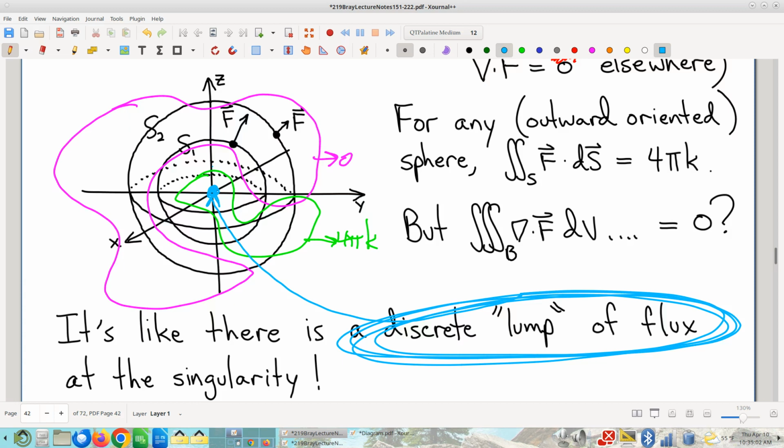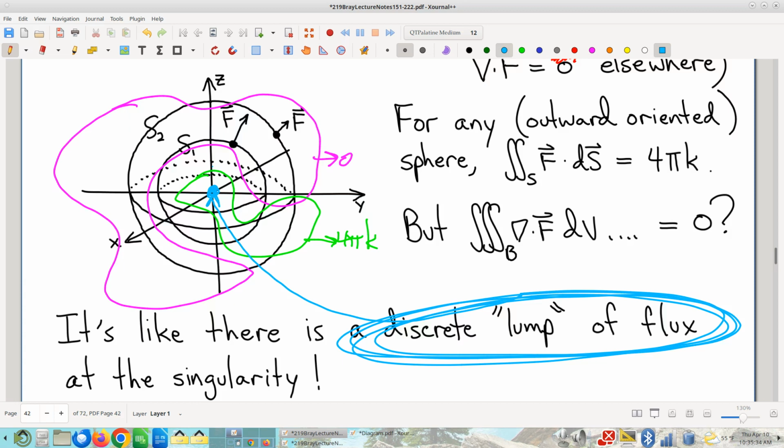In the green surface, what's the total amount of this stuff, flux, continuously distributed by way of divergence or in lumps, altogether the grand total amount of flux? Yeah, there's a lump there. We get 4 pi k. That's how much flux stuff there is inside of the green surface. How much is inside of the purple surface? None. Now everything kind of works, right?